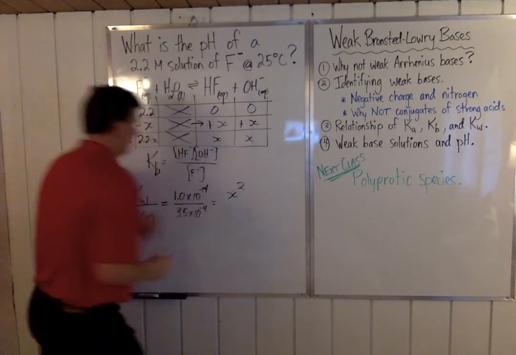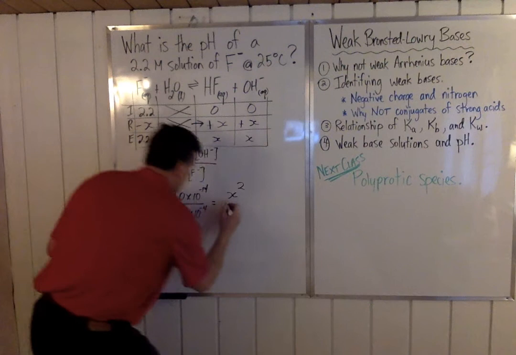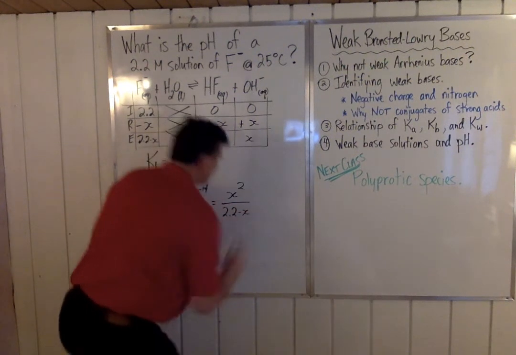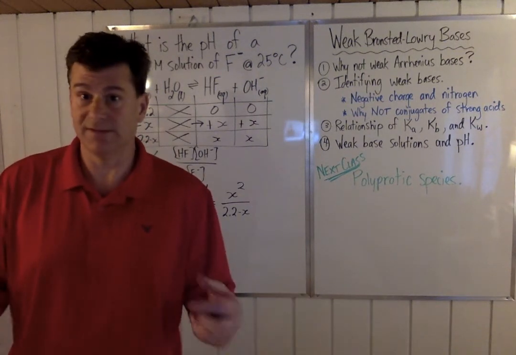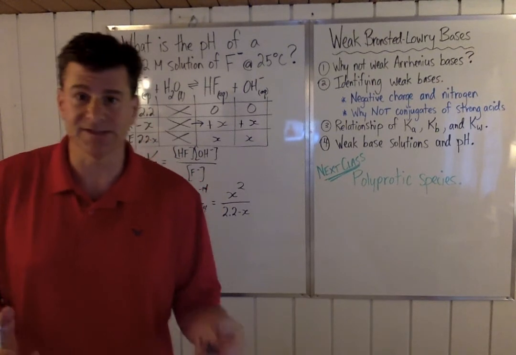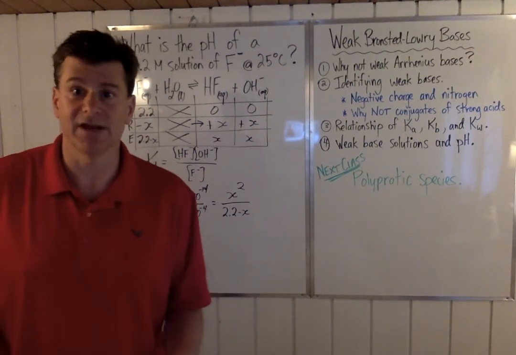So x squared, that's x, I'm cutting to the chase, x squared over 2.2 minus x. I make the assumption. Like I said, it's literally exactly the same thing that you did with weak acids. So same technique. Just when you get x, it's going to be hydroxide instead of hydronium.